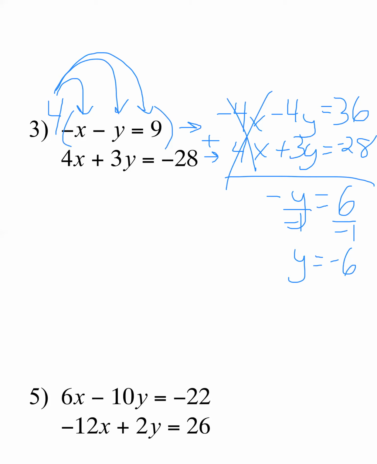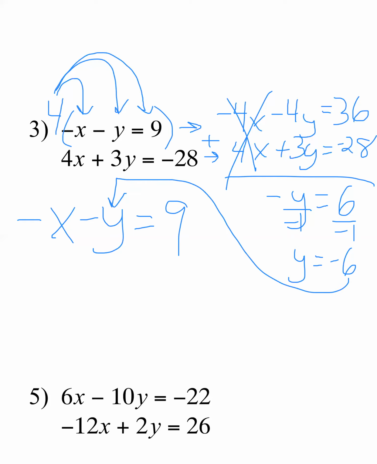I have that. And I'm actually going to pick the top equation again to solve for x because I want to sort of drive a point home. So now that I know that y is -6, I'm going to plug it in right here and solve for x. Please be careful. See how it's negative? I'm subtracting the y, and y is a -6.